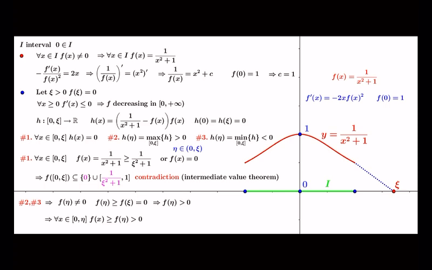Therefore, according to what we showed at the beginning, on the closed interval from 0 to η, it must be that f(η) = 1/(η²+1), whereby we get h(η) = 0, which is again a contradiction. This implies that ξ does not exist. At this point, the exercise is complete.